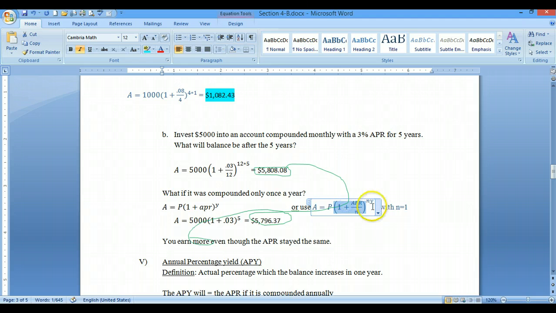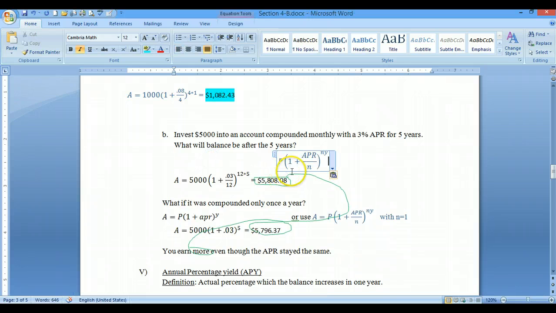And now that you've seen how we type this in, I'm just going to copy and paste this because you already have it. And now I can type in the principal. I started with $5,000 and then APR was 3%, so 0.03 by moving the decimal over. And this one, we're compounding it monthly. There are 12 months in a year, so I put a 12.